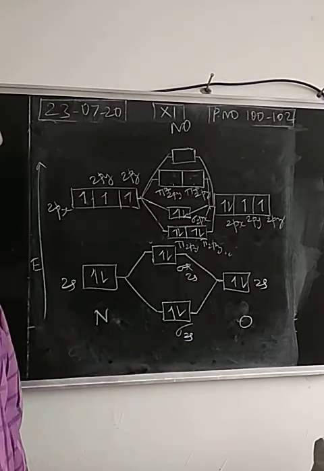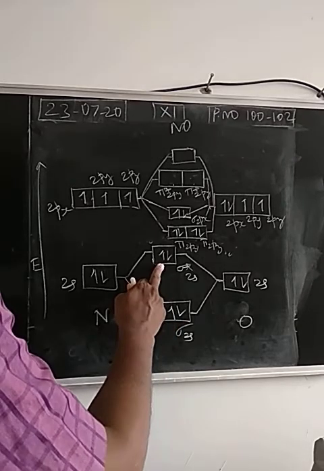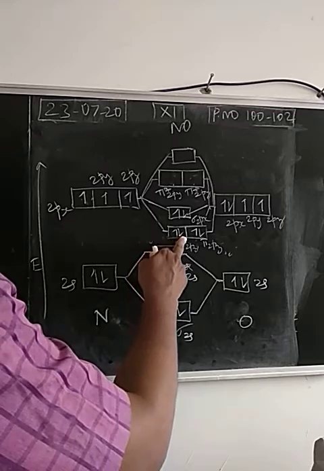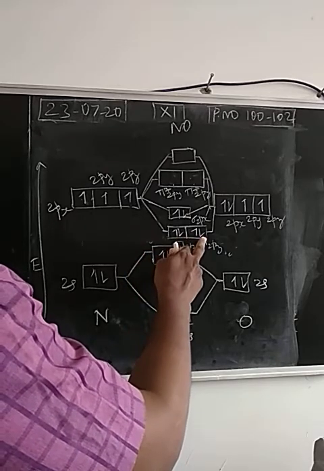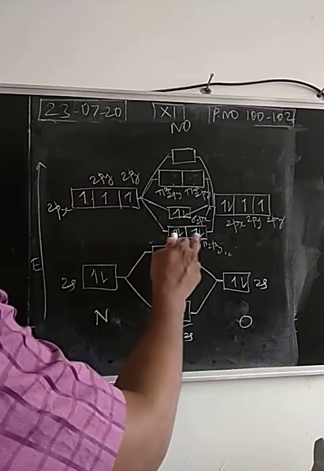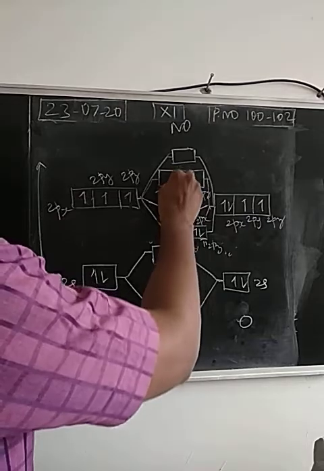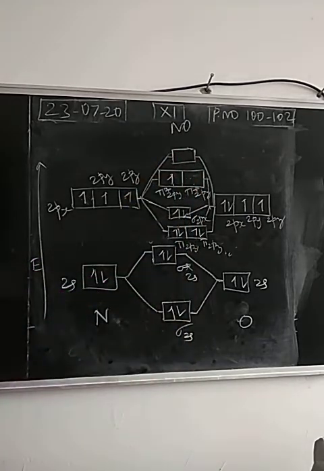Right? So totally 11 electrons. First electron, second electron, up to the 11th electron. So all the 11 electrons are placed in the molecular orbitals.